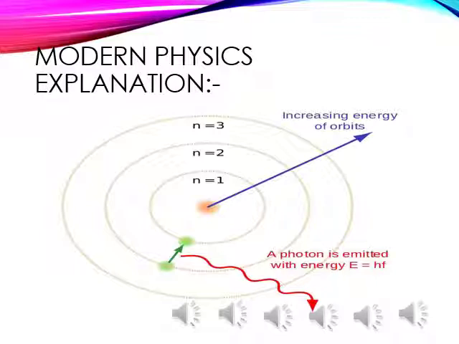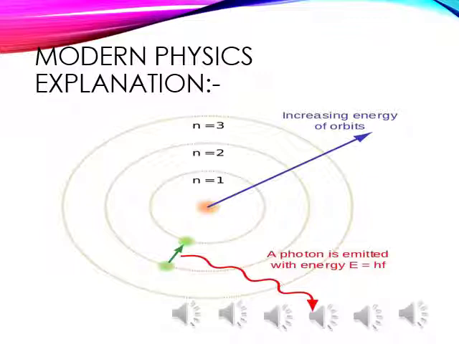By increasing temperature to 1000 Kelvin, the emitted radiation lies in the ultraviolet ray. So the energy is not continuous, but it's in quanta, called quantized photons.